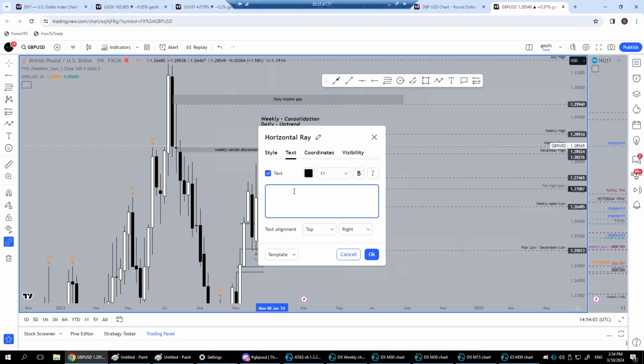I can't remember what the interest rate spreads are. Do you mind checking that on GPT and just reminding us? The interest rate spread on US 10s and UK 10s. You can do it in Copilot for free. Do you know how to do that?